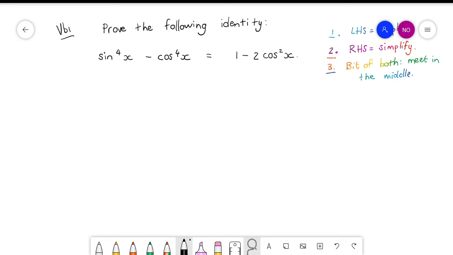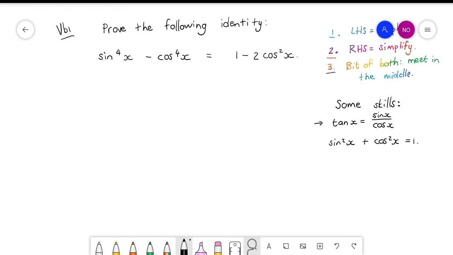Okay, some skills to look out for. You need to apply these two. Okay, so you will have to apply those two when you are proving identities.